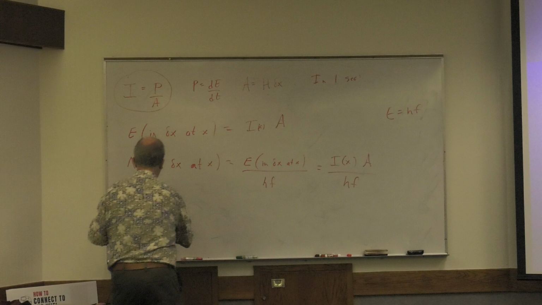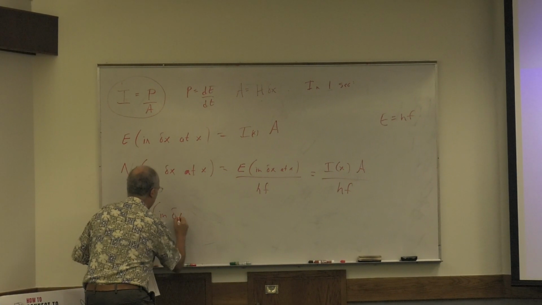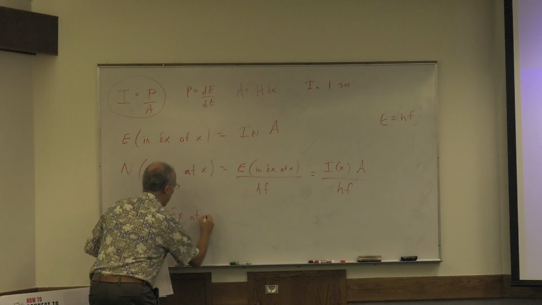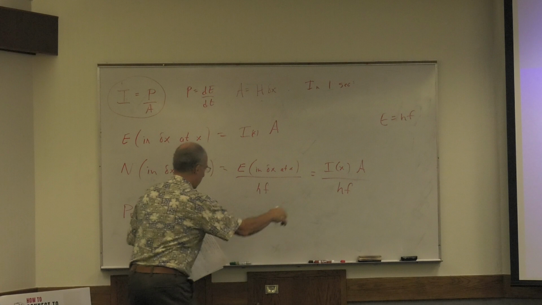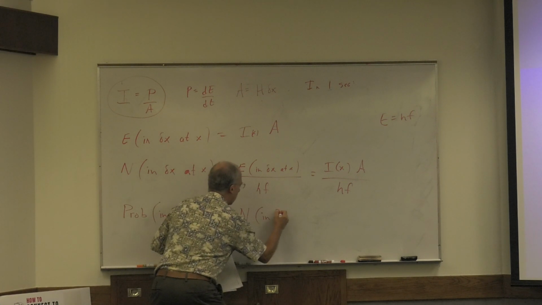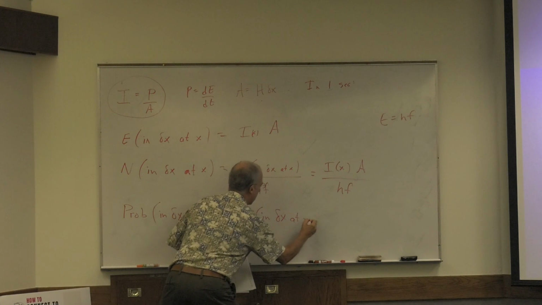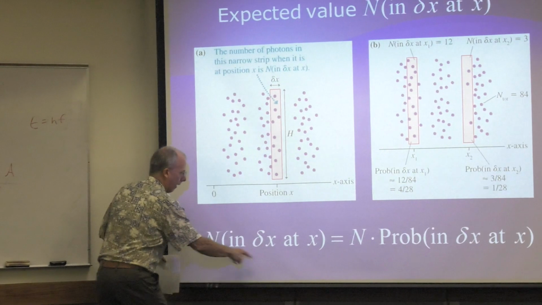The probability in the width delta x at some position x is just equal to the expected value n in the width at x, divided by n.